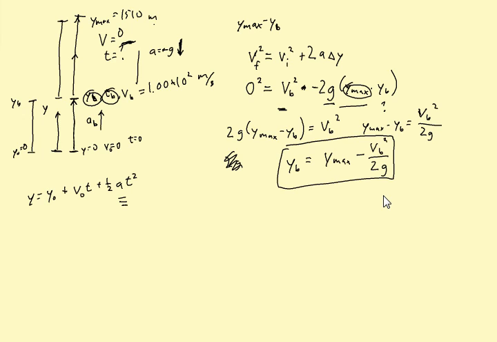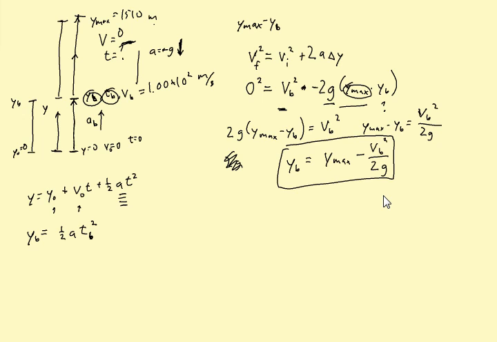The rocket engine is firing, so that's why we have this a here instead of a g, because it is accelerating upward. So y at burnout, which we know, equals 1/2 a t squared, since y naught is 0 and v naught is 0, and that's the time at burnout we're looking for, t sub b.